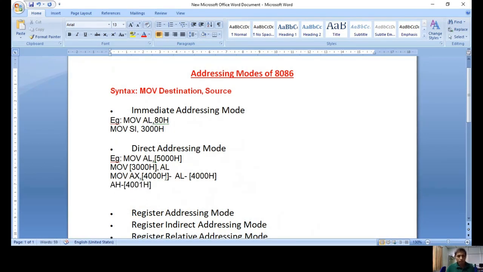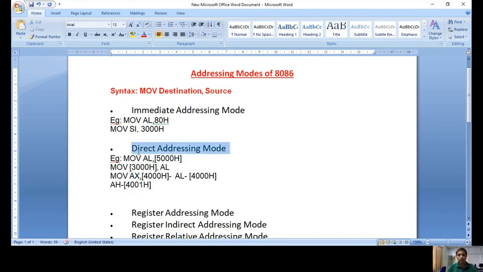It automatically allocates two locations. The 4000H data is moved to the AL register, the 4001H data is moved to the AH register, because the size of AX is 16 bits. So it requires data from two memory locations, 4000 and 4001.